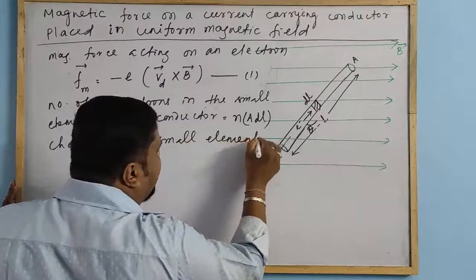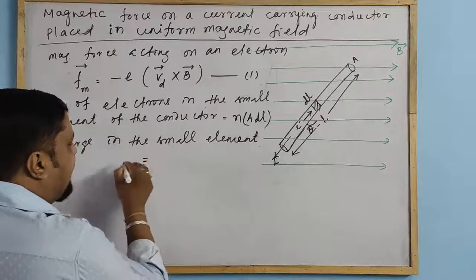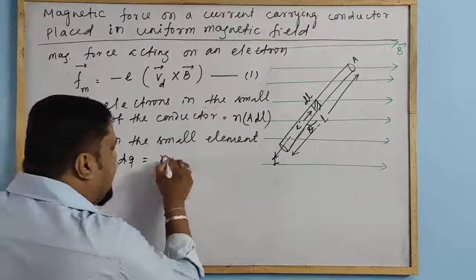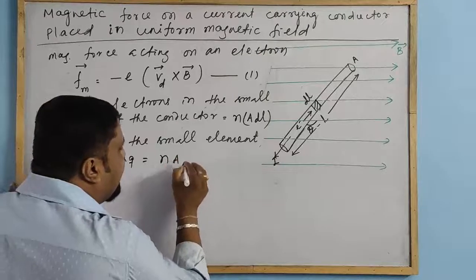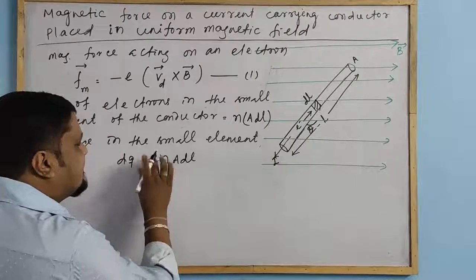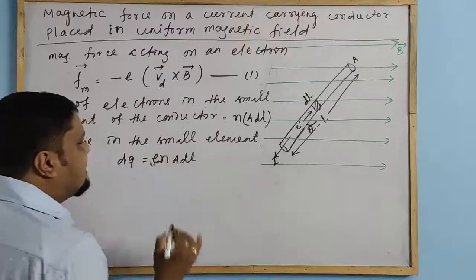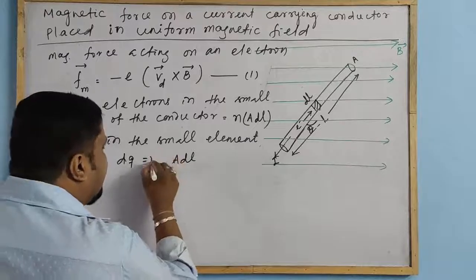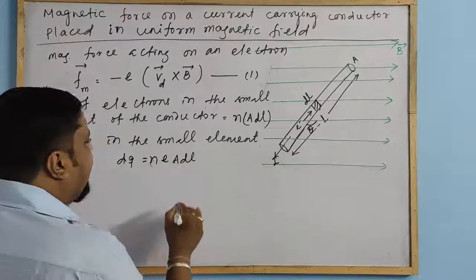Charge in the small element is equal to, let that is dq, for the small element dq, n A dl. This is the number of electrons, and each electron is a charge e, so like this the magnitude is n e A dl. Let me write this as n e A dl. Right?